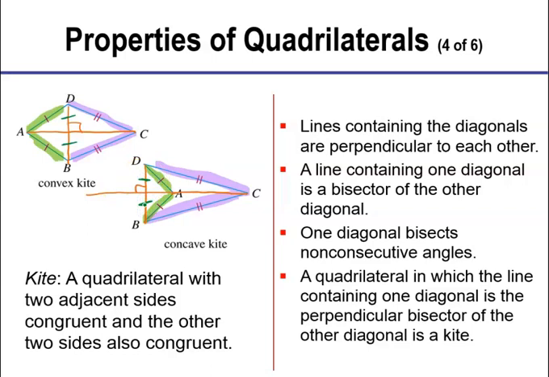One diagonal bisects non-consecutive angles. Now, what's an angle bisector? So that's what this is saying. One diagonal, here we go, bisects non-consecutive angles. So you're splitting the angle in half, right? It appears to me that this bisector here, the vertical one on the concave kite, the vertical one that's outside, is certainly not bisecting those angles.